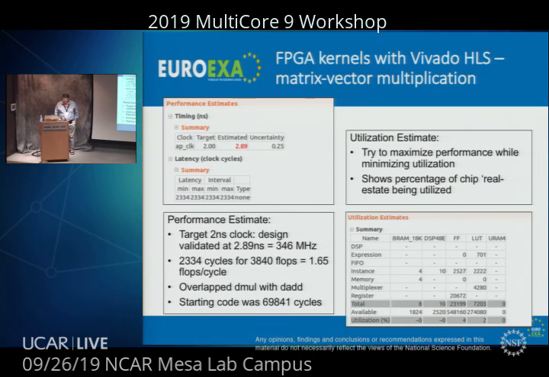So here are 3 slides on those 3 steps. This is Vivado HLS. It produces an estimate of the performance, the latency in clock cycles. So over here on the left, in this top left block, you can see 2,334 cycles, which is the amount of time it predicts this matrix vector kernel is going to take.